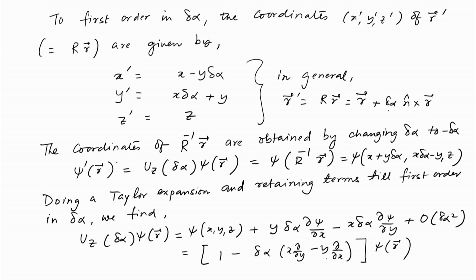So, here delta alpha is of course delta alpha itself, and n cap is z cap. So, it is z cap cross r. So x prime will be x plus delta alpha z cap cross r, and similarly y prime equals y plus delta alpha z cap cross r, y component.